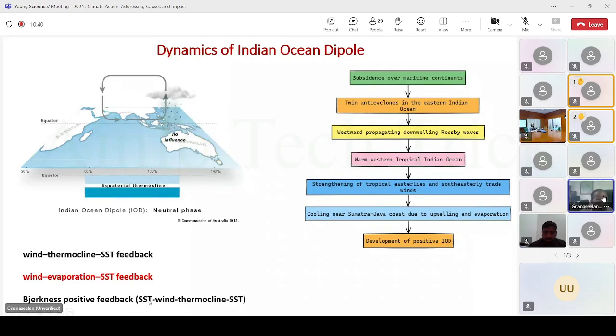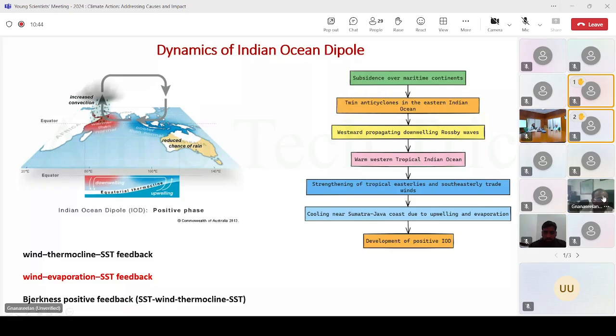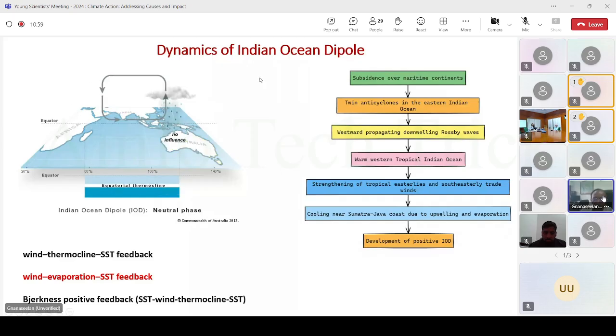So there's a positive feedback, which I will explain later. What you see here are the surface wind changes in the different phases, and the thermocline changes associated with them. Now the main mechanism forcing the Indian Ocean dipole: there is a large subsidence during the positive phase of an IOD.